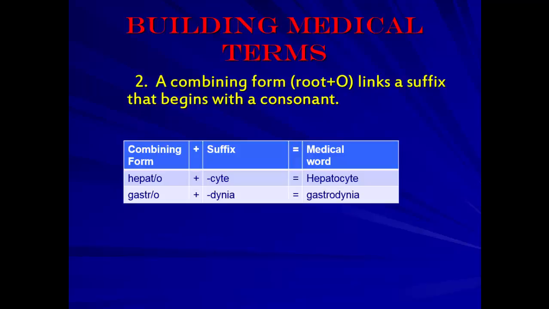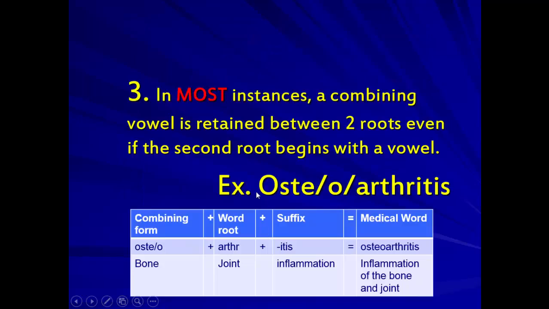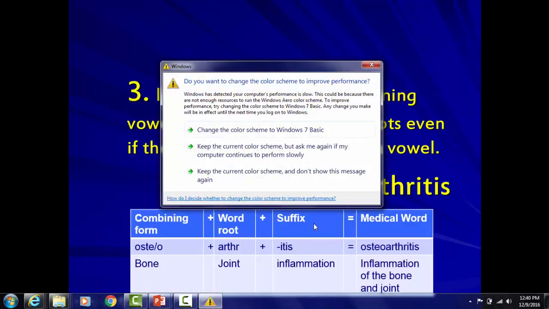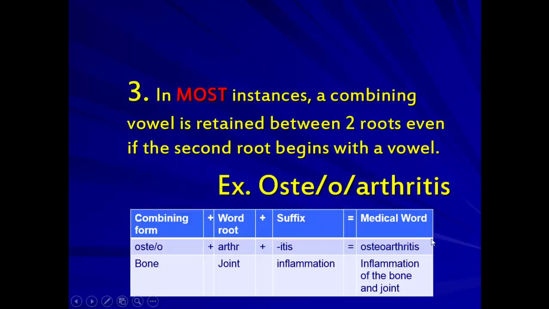So in these examples, the suffixes begin with consonants, site and dynia. So we're going to put a combining form, the word root plus the O, to help that term flow. In most instances, a combining vowel is retained between two roots, even if the second root begins with a vowel. In the example, osteoarthritis.